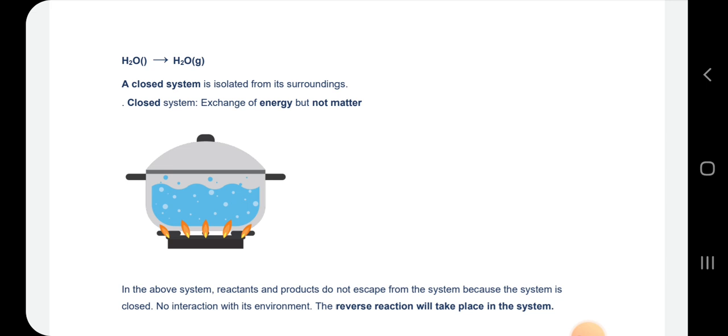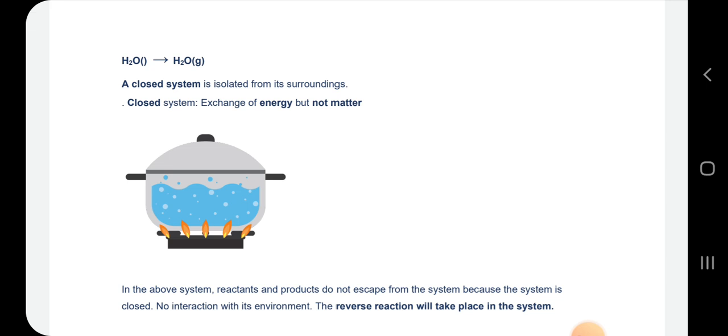So in this system, the reverse reaction will take place, right? When you open the pot, the system is interacting with other matter in the air to form a product. But when you have closed the pot, the system is not interacting with any matter to form a product. So it means it's a decomposition from a product back to a reactant.